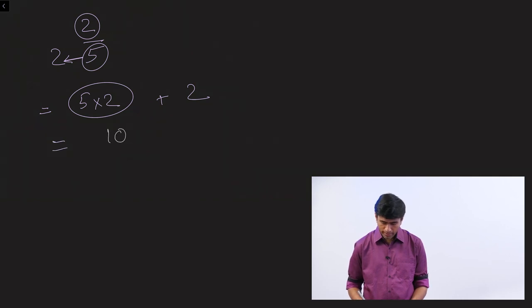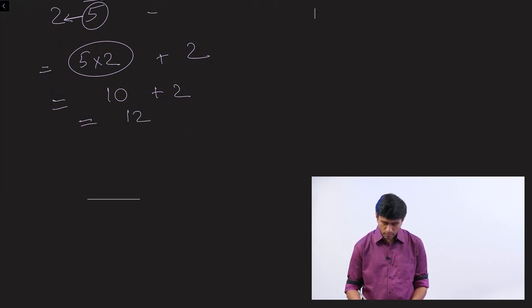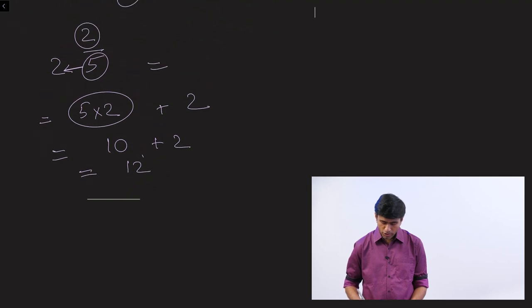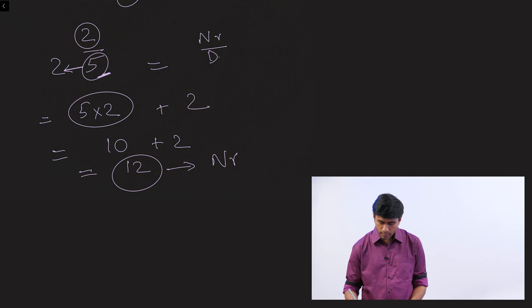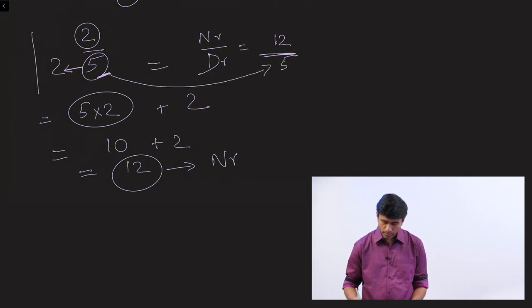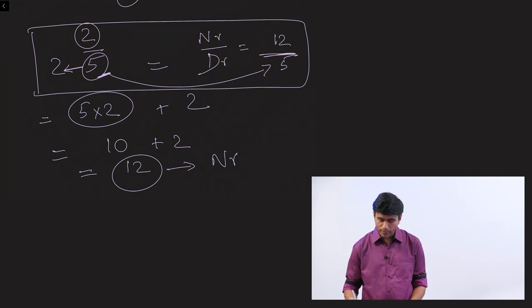So 10 plus 2 is 12. This 12 becomes your numerator and the denominator remains the same. This is how you can convert a mixed fraction into an improper fraction.